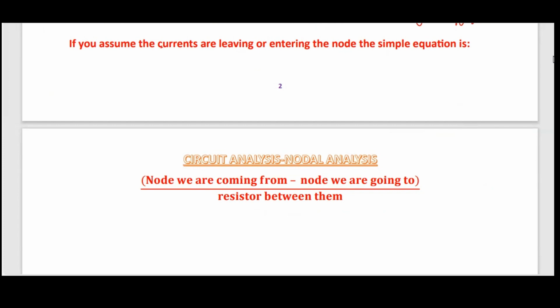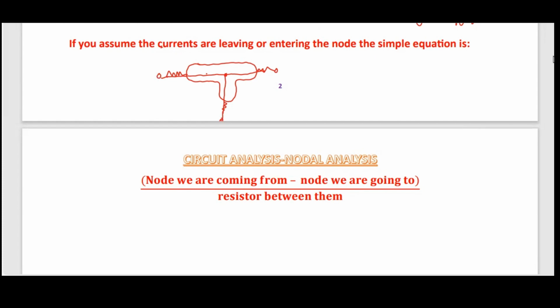So if I have a node, let me see if I can help you. Let's say we have a node here, a dummy node. Say we have this and this, a resistor here, a resistor here, and a resistor here.